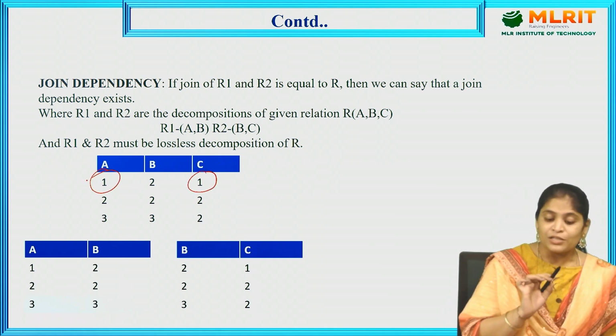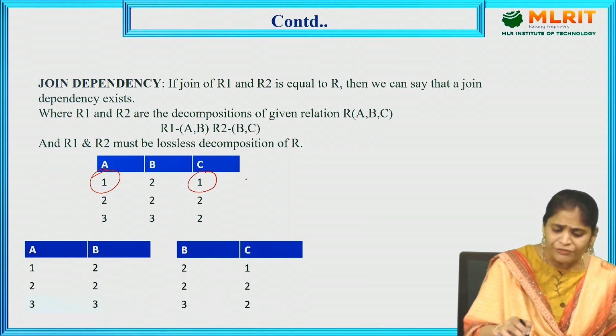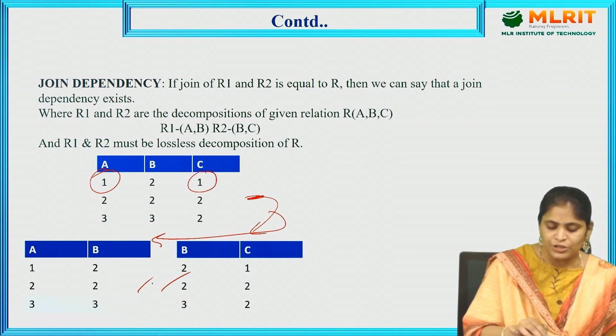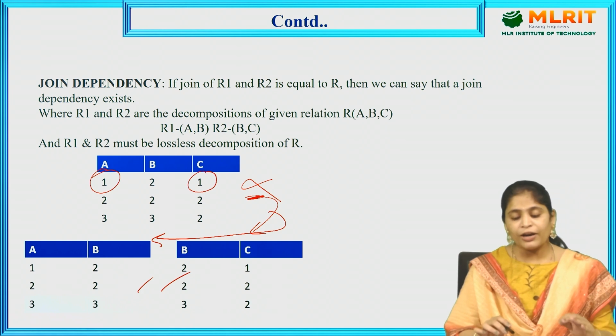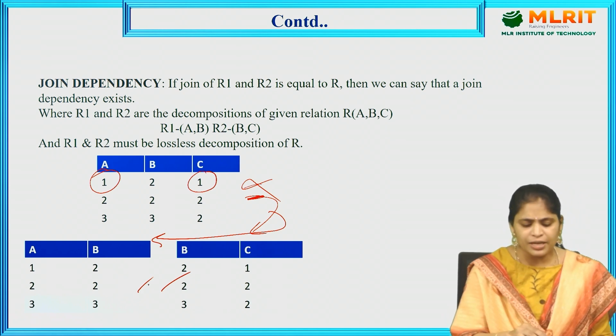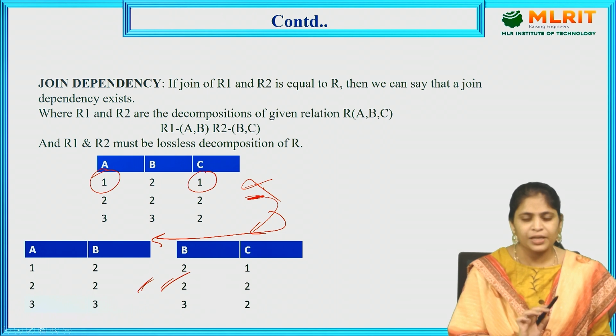Now, whenever I decompose this table into two tables, the database contains only these two subtables, not the single table. Clear?